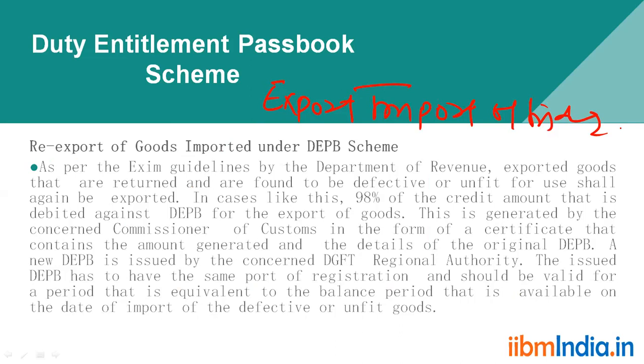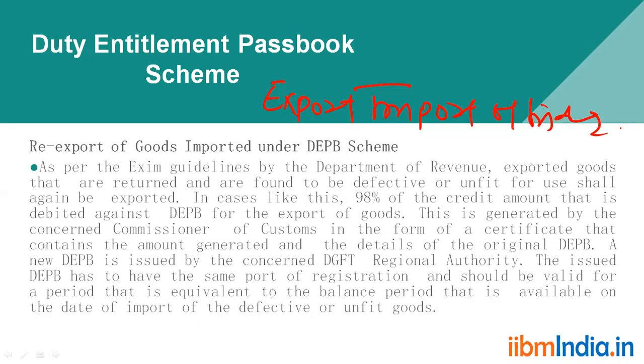In a case like this, 98% of the credit amount that was debited against DEPB for the export of goods is generated by the concerned Commissioner of Customs in the form of a certificate that contains the amount and the details of the original DEPB. A new DEPB is issued by the concerned DGFT, the Director General of Foreign Trade regional authority.